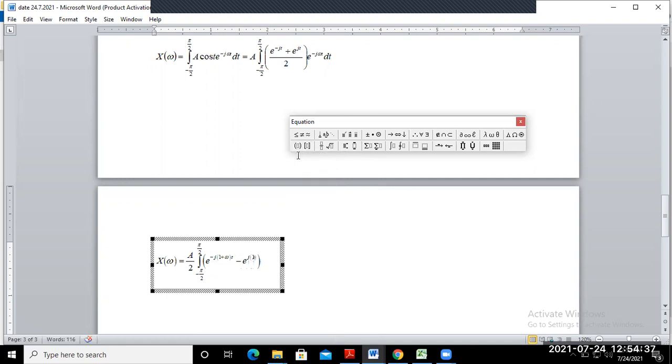Now you can integrate this equation, put the lower limit and upper limit, and just simplify.